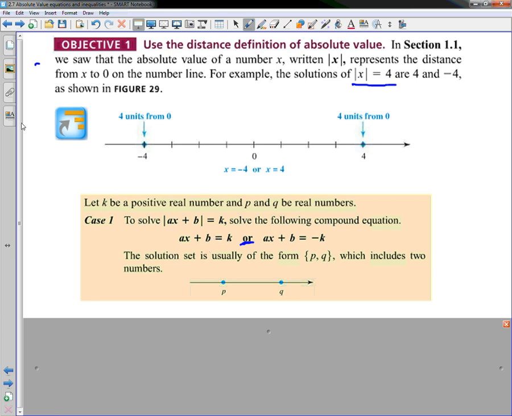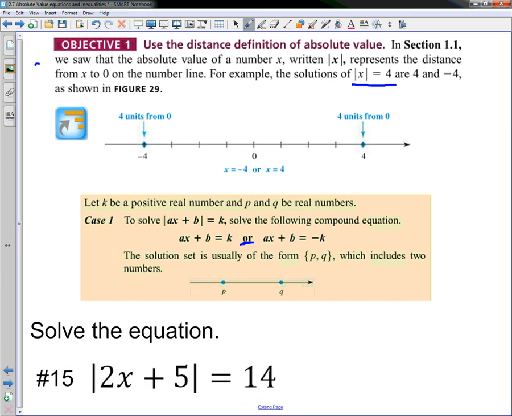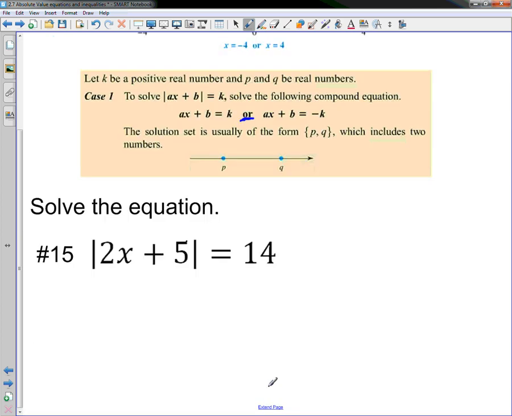So let me show you how this is going to work, with an example. We're going to look at solving the equation. This is from section 2.7, number 15. We have the absolute value of 2x + 5 equals 14. So we want to know when this is going to be a distance of 14 away.